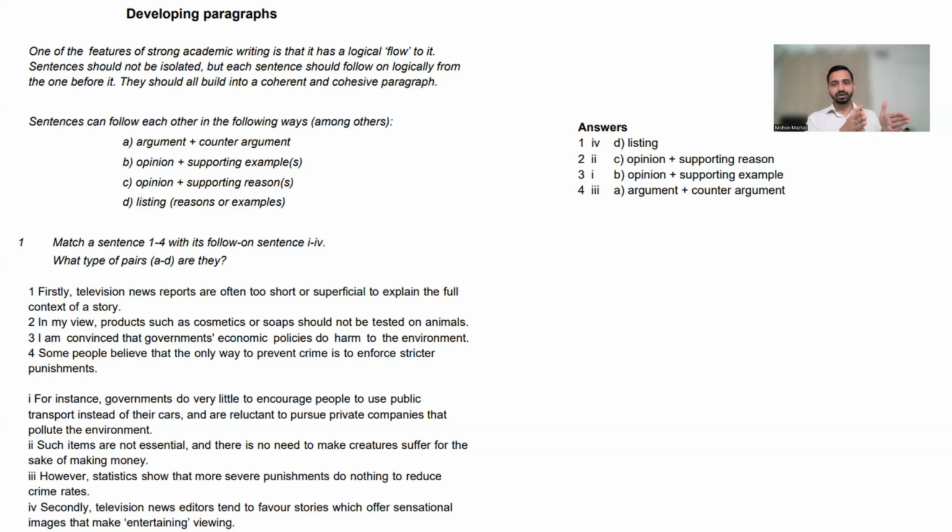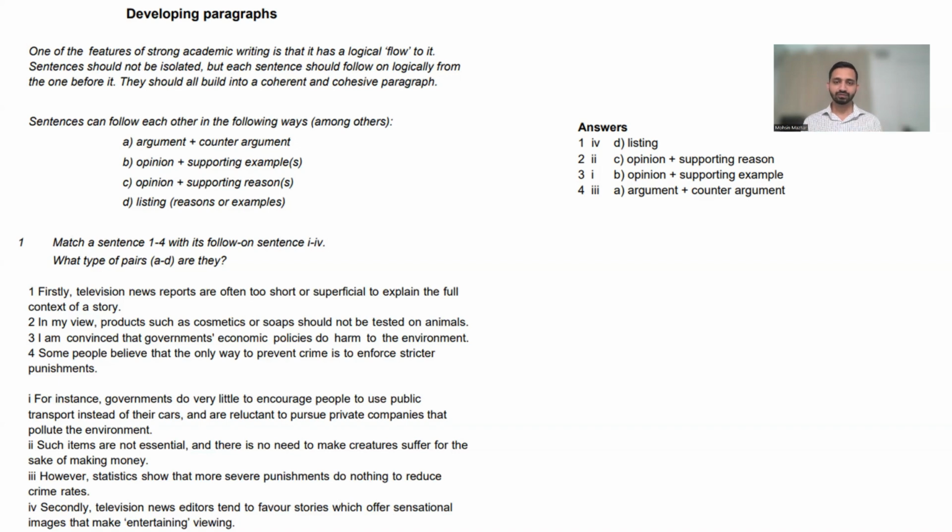This is opinion plus supporting example. You're giving an example. You use for instance to give an example, right? And lastly, sentence number 4, some people believe that the only way to prevent crime is to enforce stricter punishments.